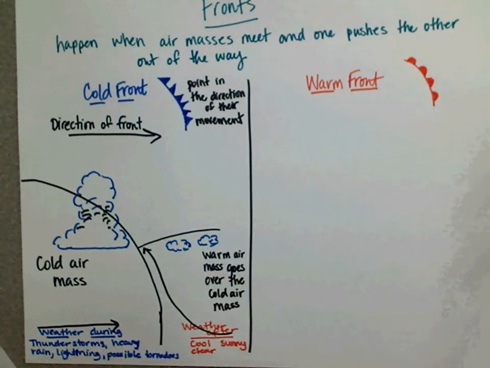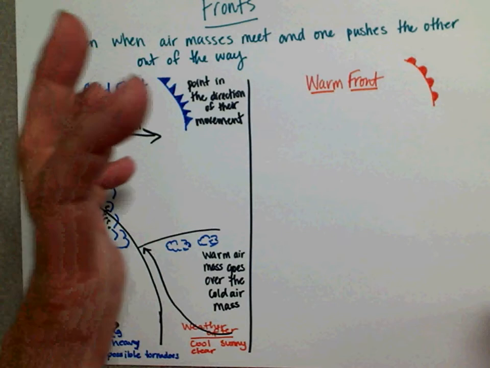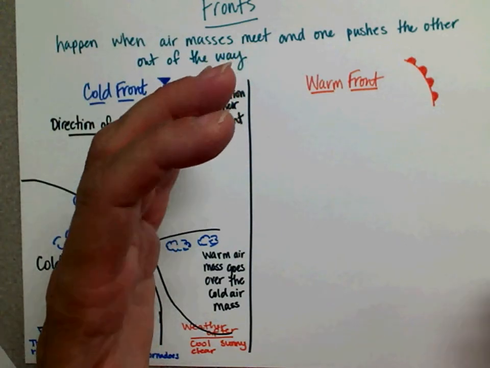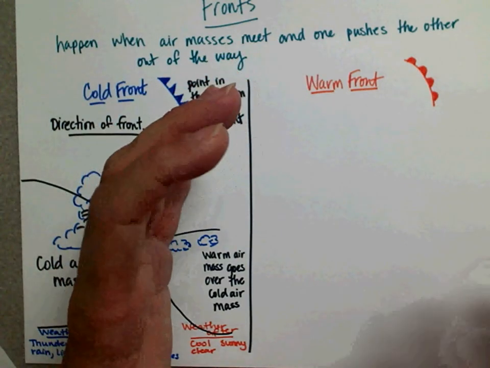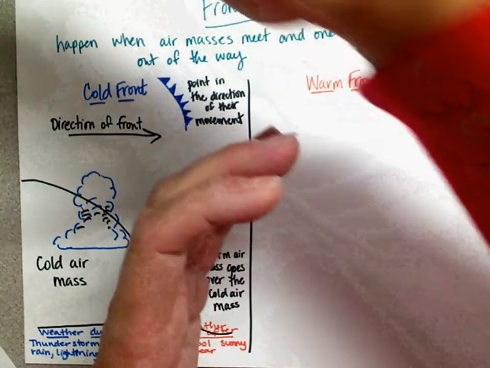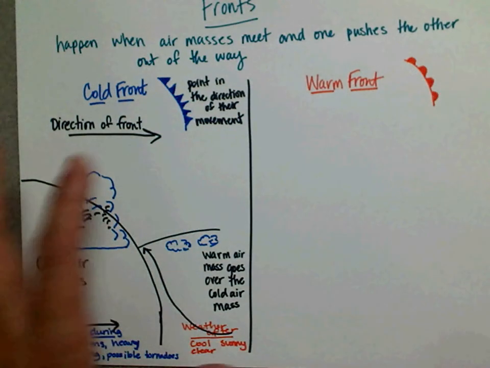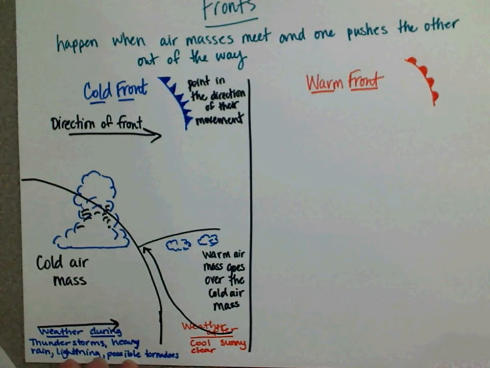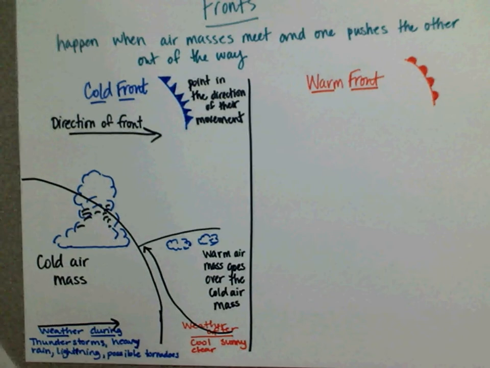Okay, so the cold front is going to be a cold air mass coming, and then hitting that warm air mass, and that warm air mass is like, oh, nope, I ain't staying here, and it goes right over that cold air mass. In the process, we're going to have thunderstorms, heavy rain, lots of lightning. But then when it's all over, it is so beautiful outside. We got clear skies, sunny weather. It's a little cold, but it's still really, really nice.